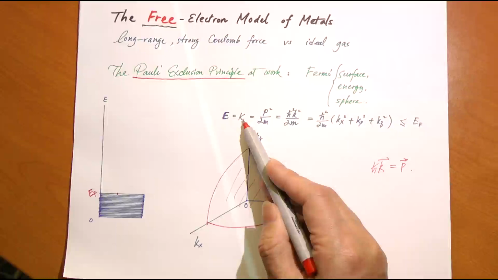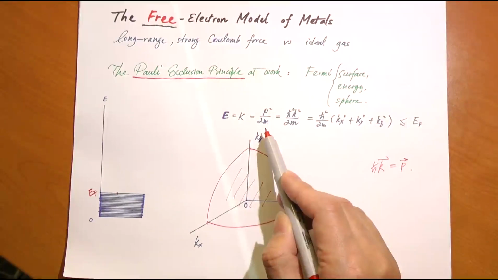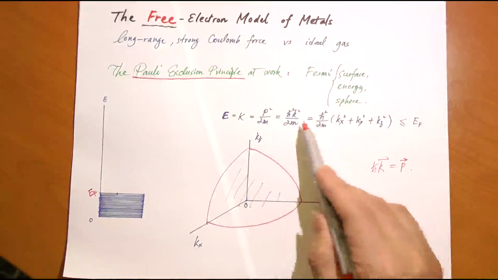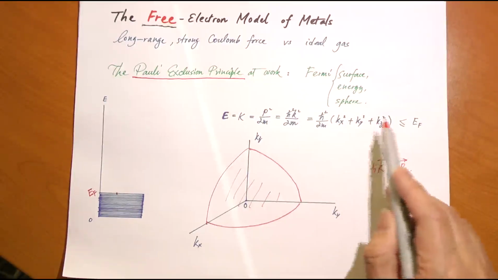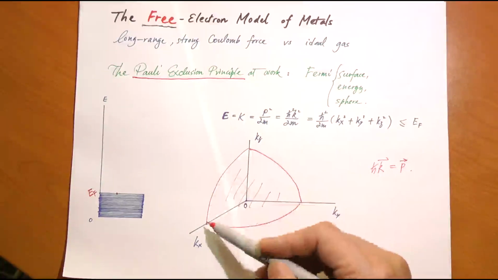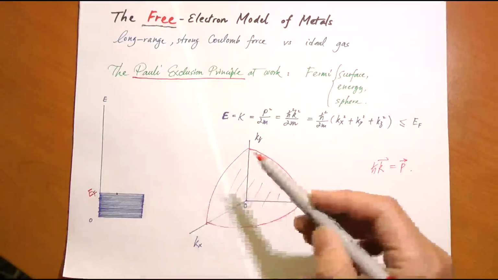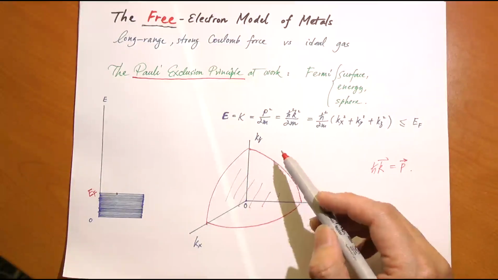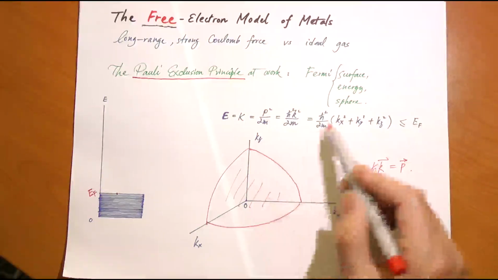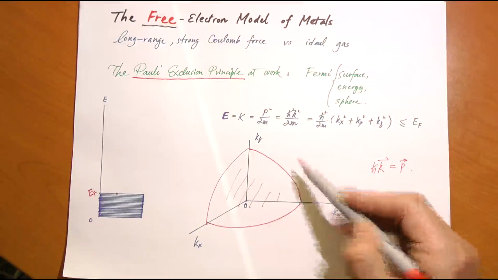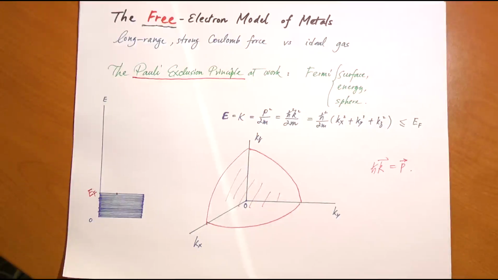They only have kinetic energy, p squared over 2m, where p equals h bar k, and k squared equals kx squared plus ky squared plus kz squared. So again, it's a sphere. When energy equals EF, the highest occupied energy, the wave vector k must be somewhere on that Fermi sphere. Everything below that is occupied. Everything above that is empty.